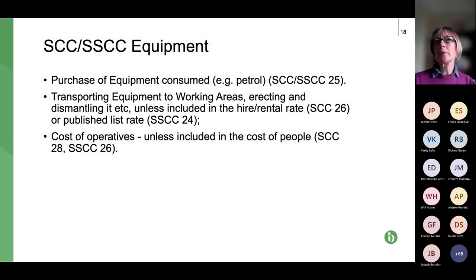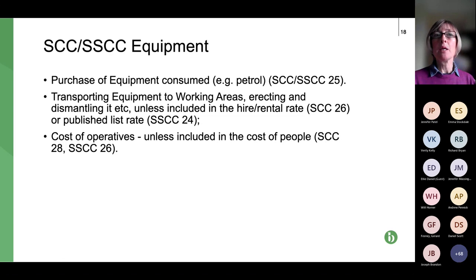So I think this is the final one on equipment. This is what I would call a miscellaneous sweep up to make sure that all of that cost, so we're looking at, if you remember, actual cost, is covered.